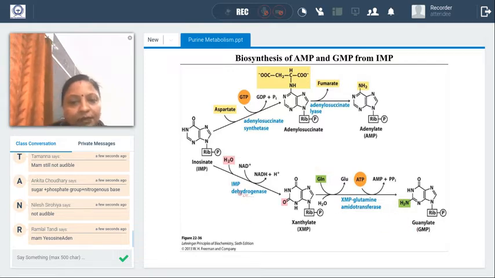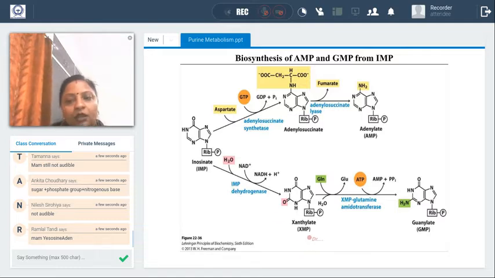It is very important. In the presence of IMP dehydrogenase, NAD converts to NADH. Dehydrogenase means the process of oxidation. Then H2O combines, and we get xanthylate or XMP. What is XMP? It is also a bioactive purine, xanthosine monophosphate.